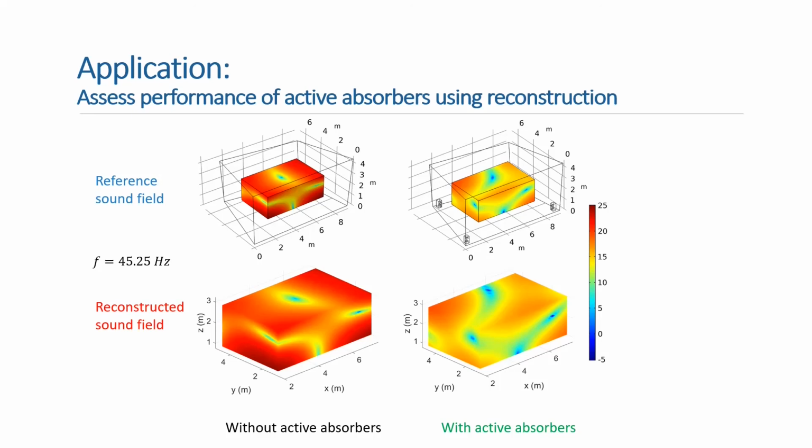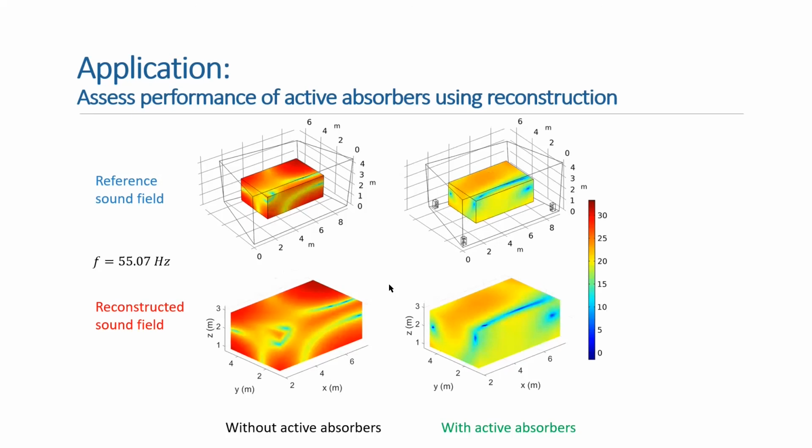Not just the fact that the maximum sound pressure is reduced with the presence of the electroacoustic absorbers, but also the evolution between the high and the low pressure regions becomes less steep at the corners of the room.